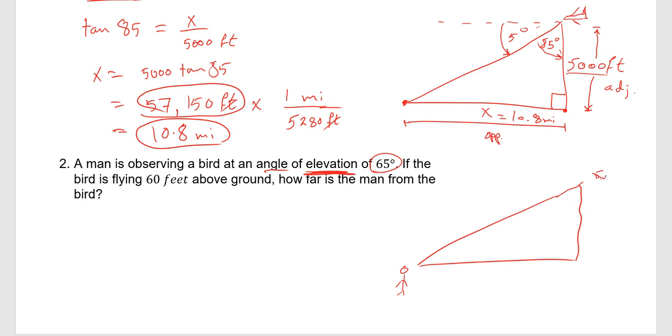Just make believe this is a bird, beak and everything. Angle of elevation, 65 degrees. If the bird is flying 60 feet above ground, so this is 60 feet, how far is the man from the bird? What is this distance?